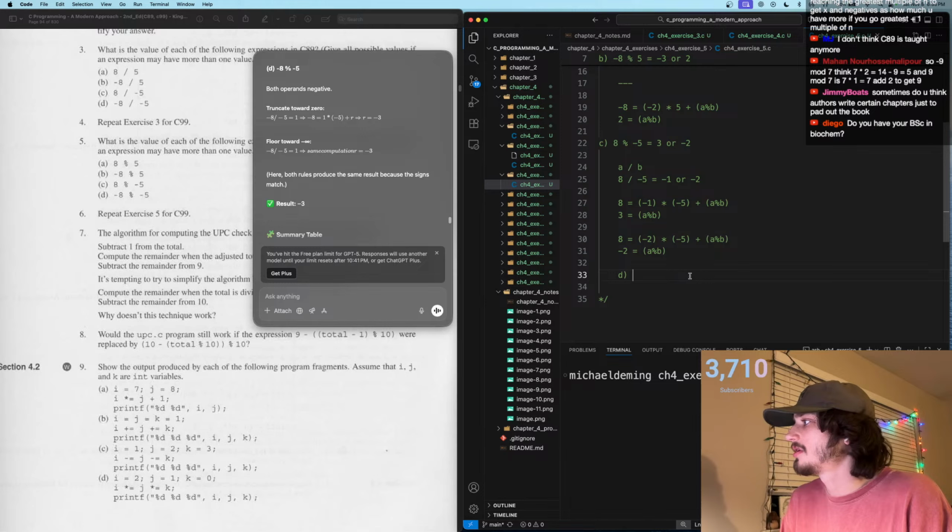Okay, so then let's say we have -8 modulo -5 is equal. So then we have A divided by B, which is going to be -8 divided by -5. And this is going to equal to, both cases.